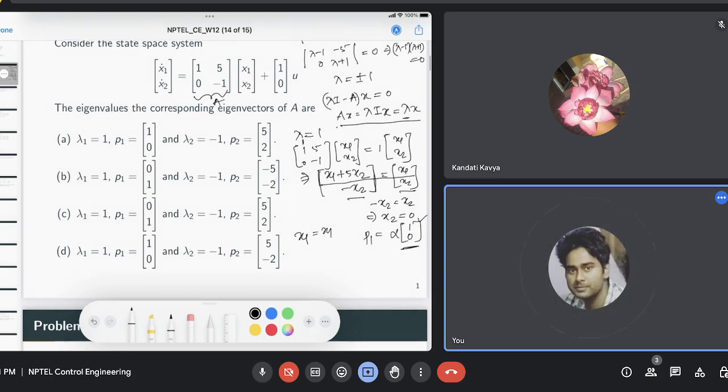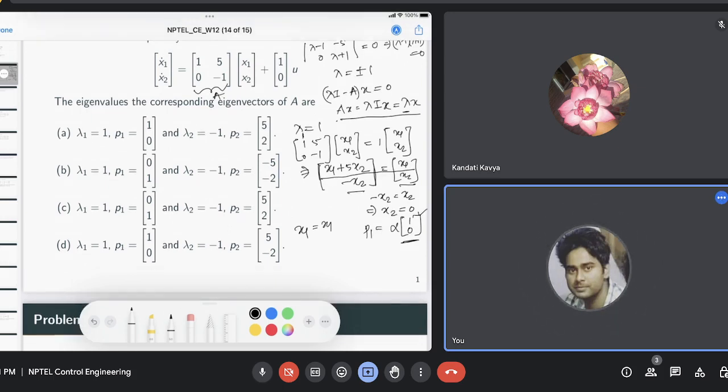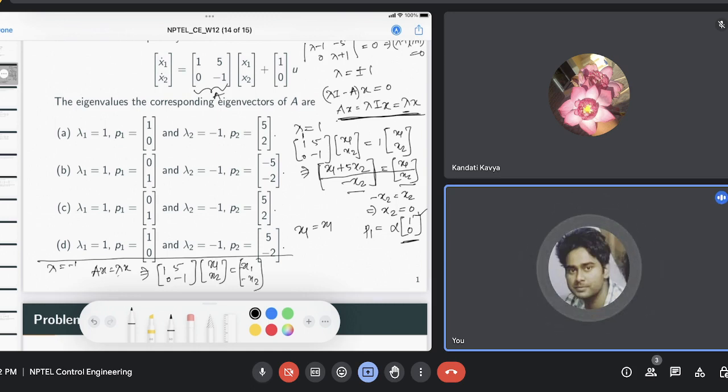Similarly, for the second case we will again use that. So lambda equals minus 1, then again we write the eigenvector equation, Ax equals lambda x, which implies that we have the matrix [1 5; 0 -1] times [x1; x2] equals minus x1, minus x2, because lambda is minus 1 here.